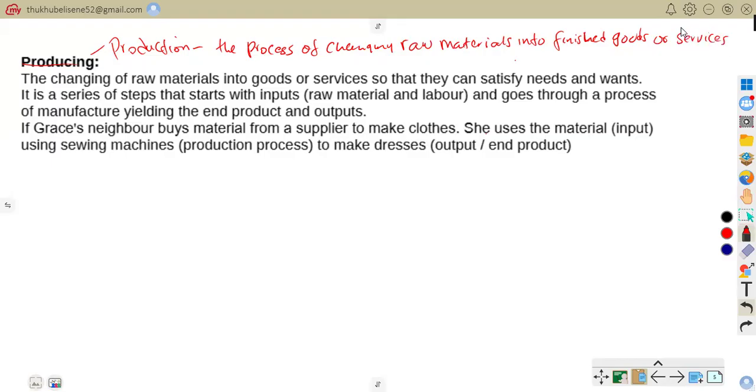So for example, fabric is turned into dresses. So that is what we mean when we talk of production.